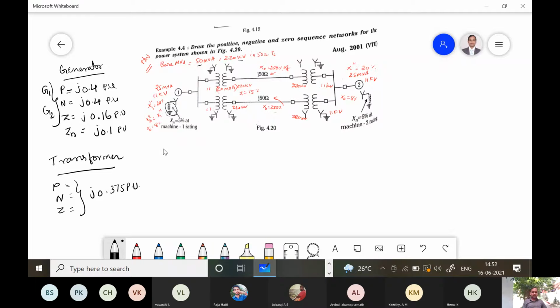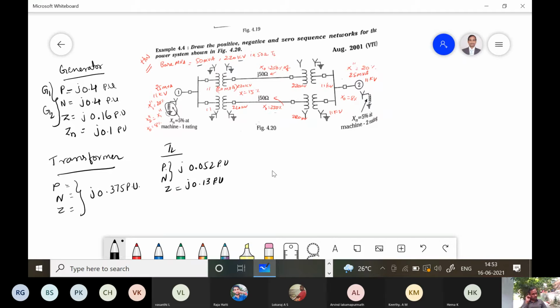And about the transmission line, for positive sequence and negative sequence, X per unit is J0.052 per unit, and for the zero sequence network it is J0.13 per unit. So these are the answers we have calculated, right?